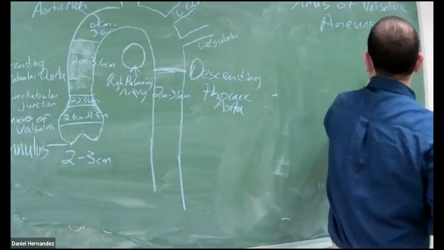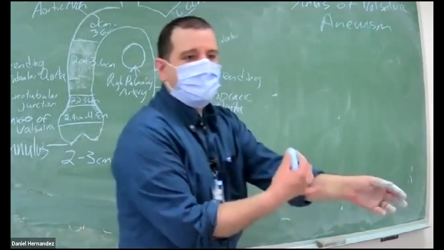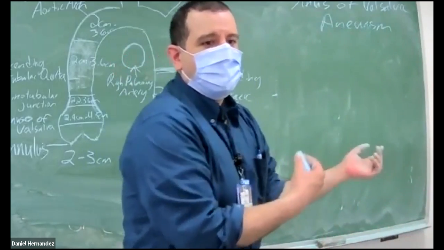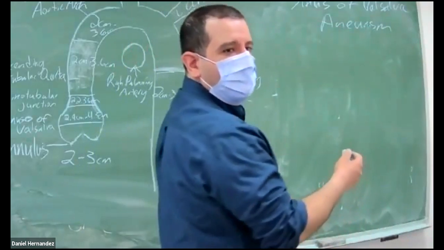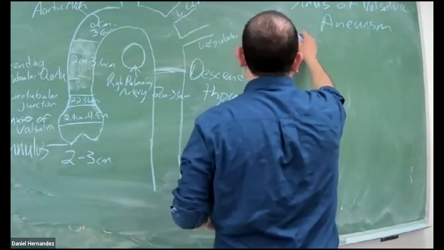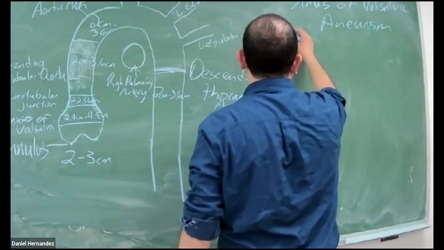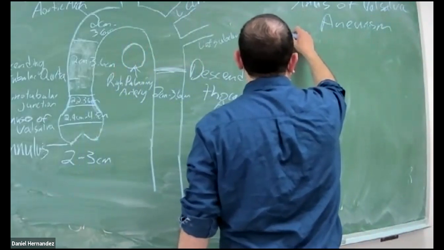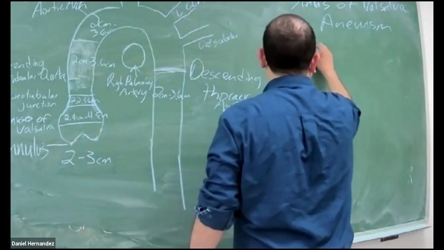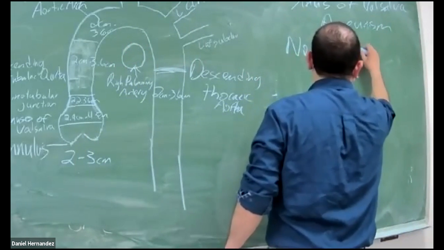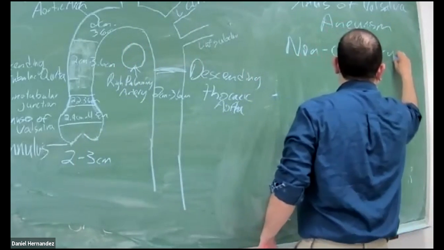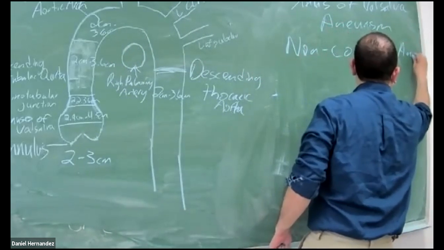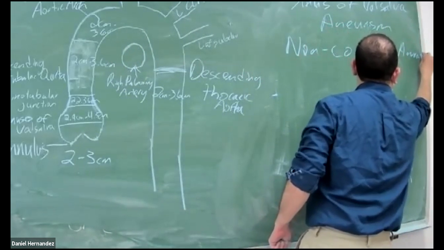A non-coronary sinus aneurysm can dissect inferiorly into the IVS.